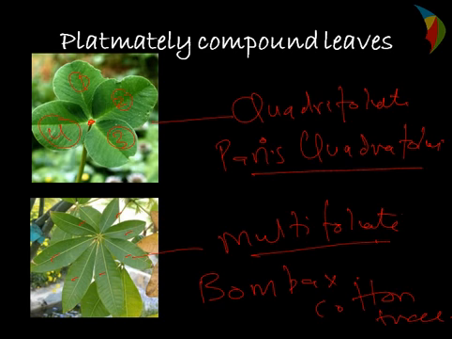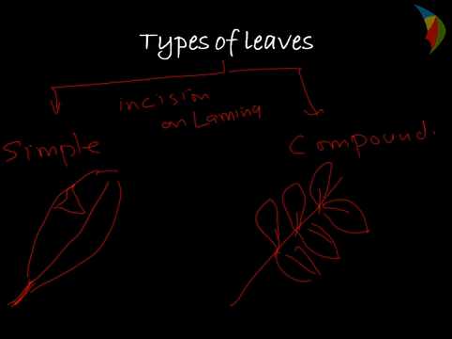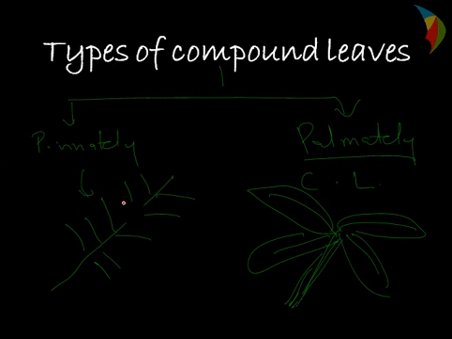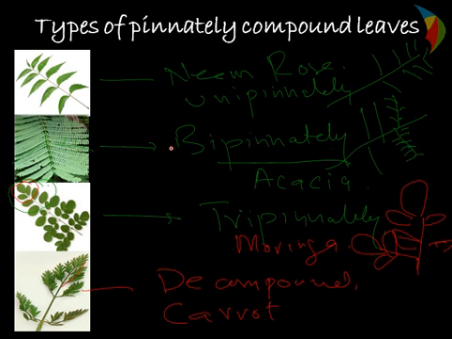So just giving a glance, we have divided leaves into 2 types: simple leaves and compound leaves. Then we have further divided compound leaves into pinnately compound and palmately compound. Then we have divided the pinnately compound leaves into unipinnately, bipinnately, tripinnately, and decompound leaves.